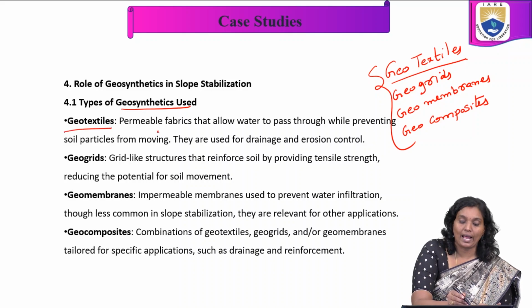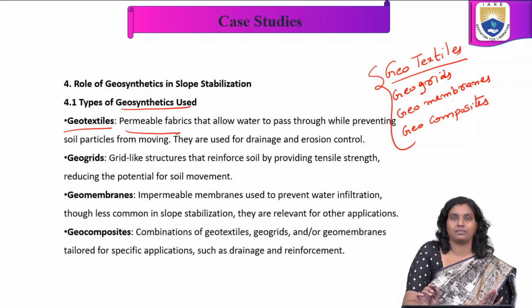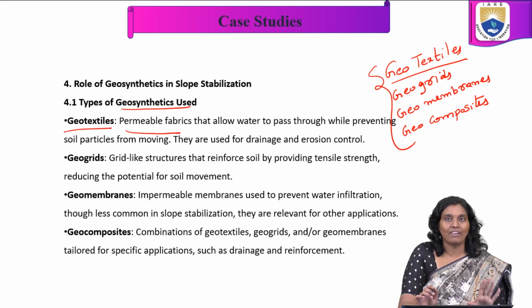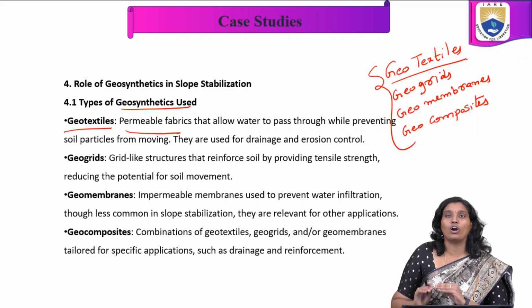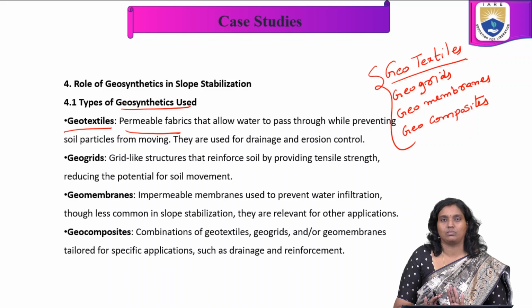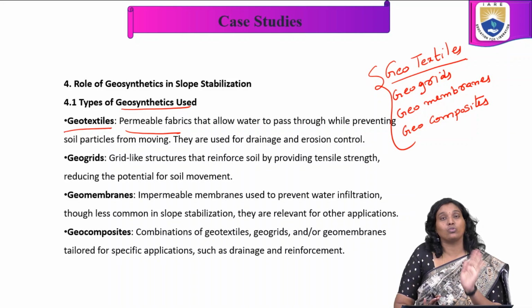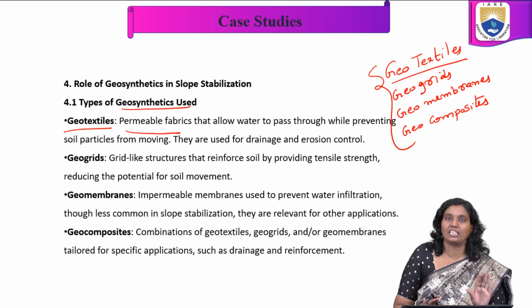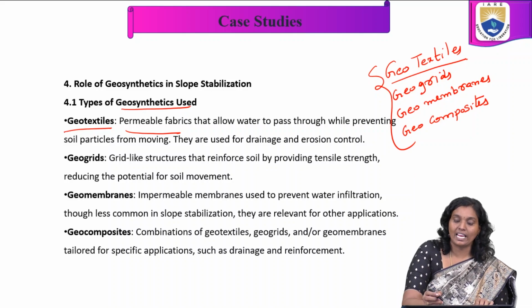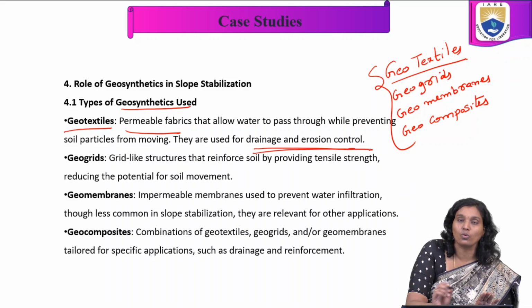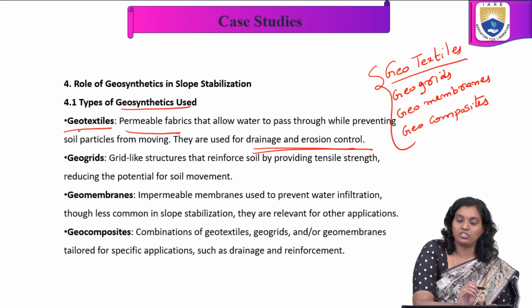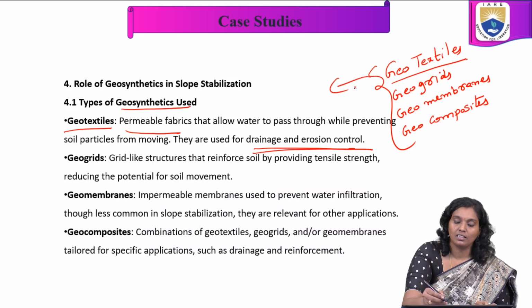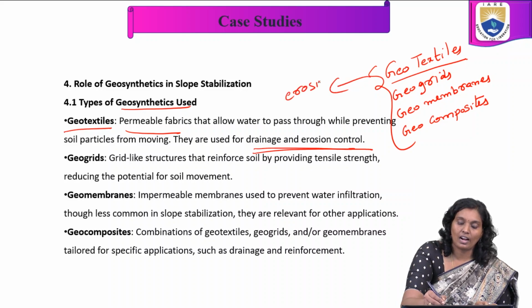These permeable fabrics allow water to pass through while preventing soil particles from moving. They are used for drainage and erosion control. So we use this kind of geotextile for erosion control and drainage.